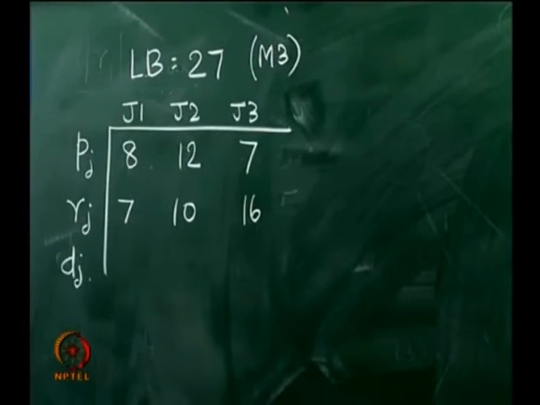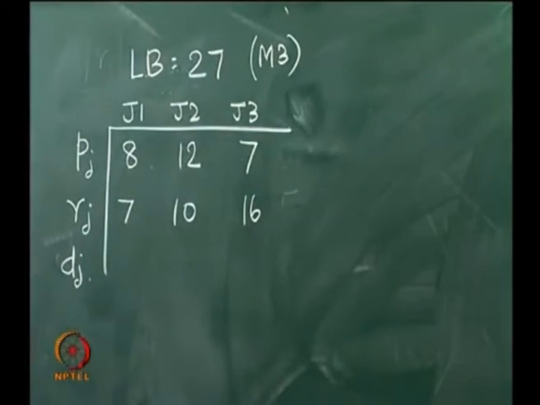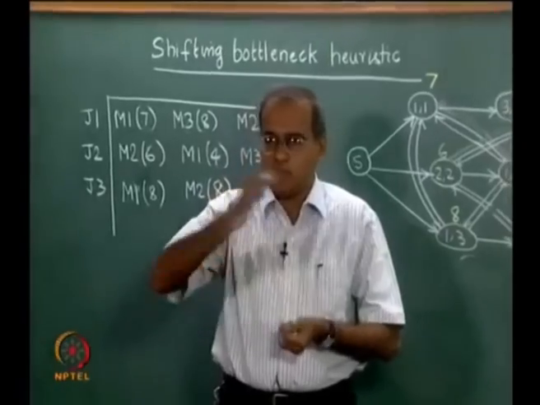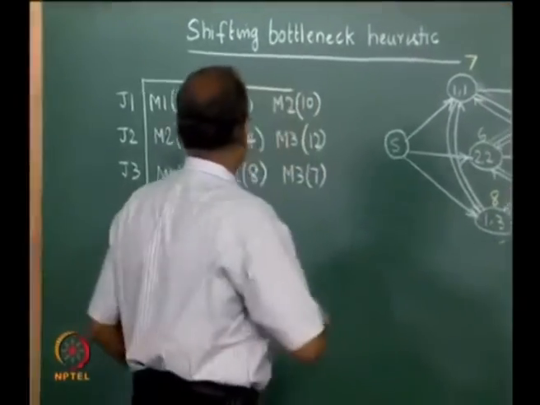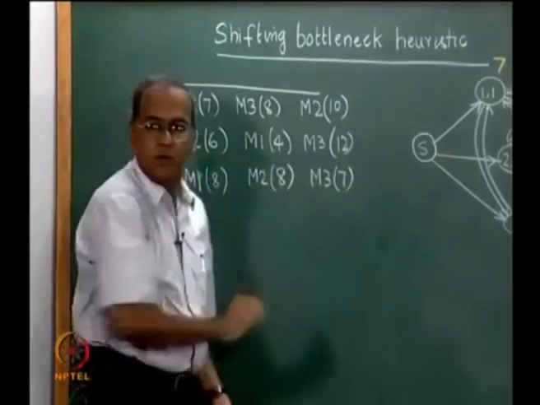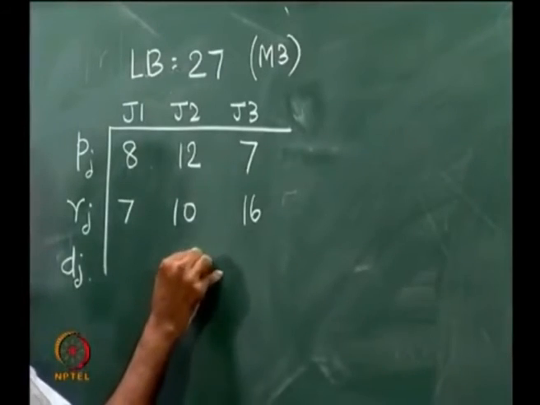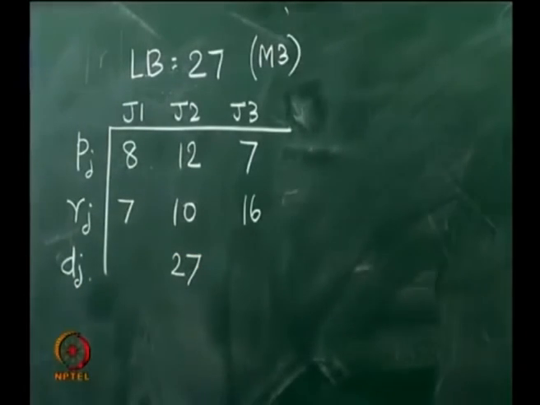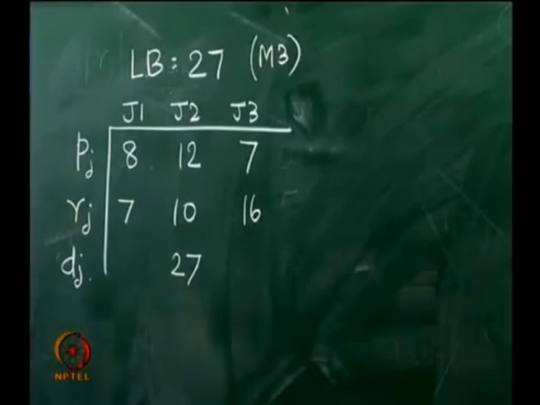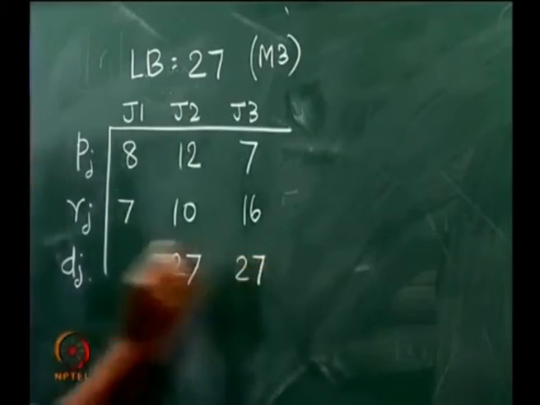Now, let us find out the due dates. If we assume that the makespan is 27, which is the lower bound on it, M3 is the last machine for job J2. So, the due date for job J2 will be 27, which is the lower bound on the makespan. Similarly, due date for J3 will also be 27.